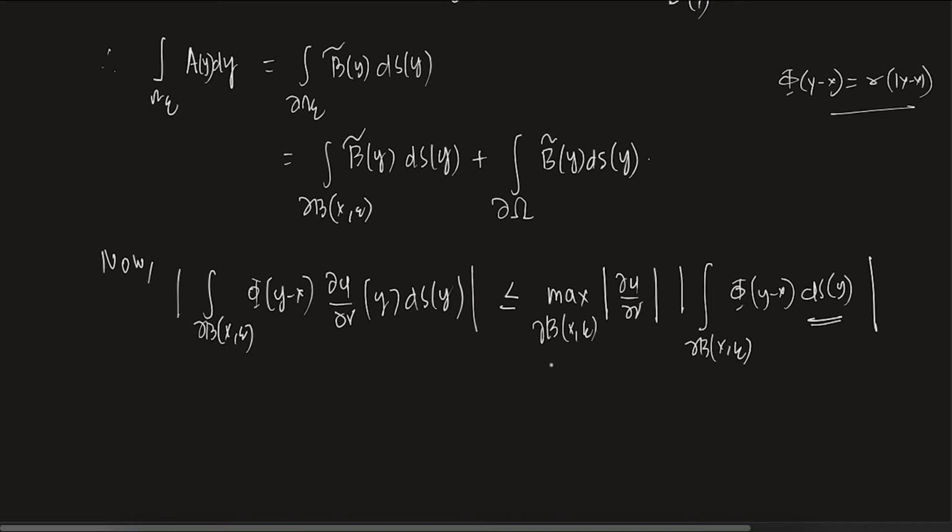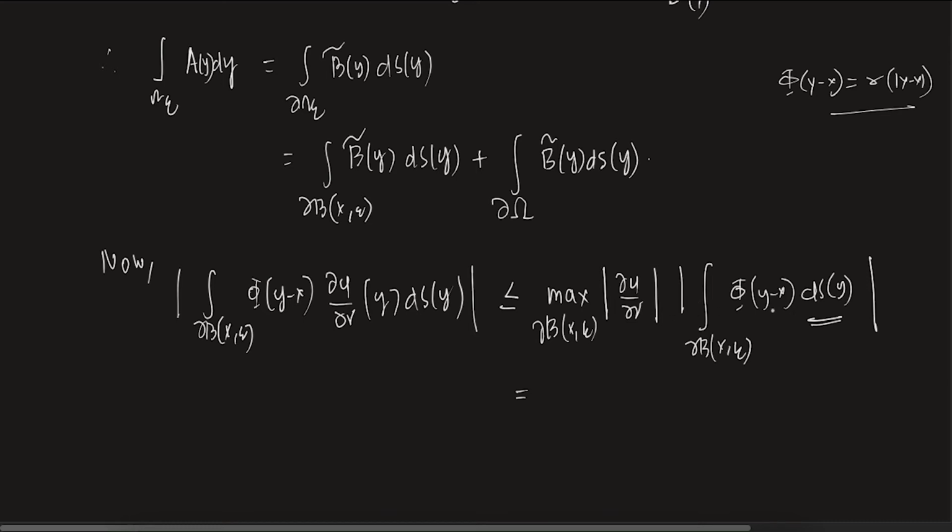If you are taking y from the boundary, then mod y minus x is epsilon. There are many ways of doing this.